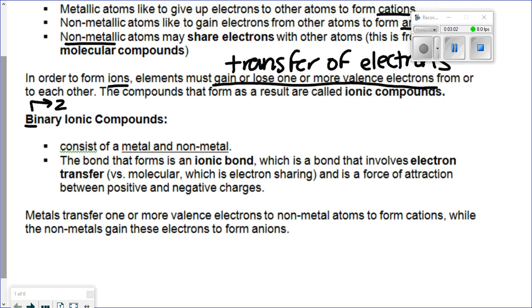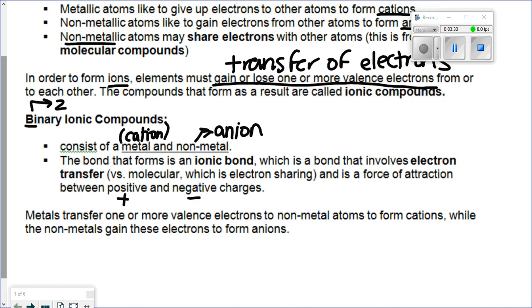So a binary ionic compound will consist of a metal, again forming a cation, and a non-metal, which is forming an anion. Metals are below your staircase, non-metals are above the staircase. The bond that forms is an ionic bond, which is a bond that involves electron transfer and is a force of attraction between positive and negative charges.